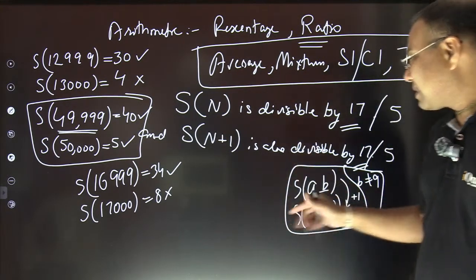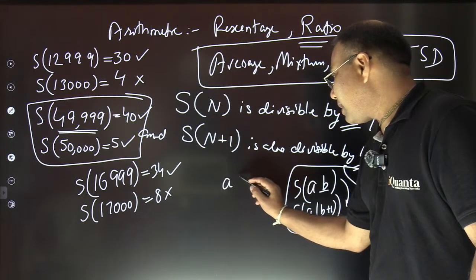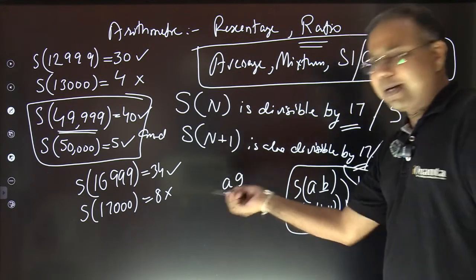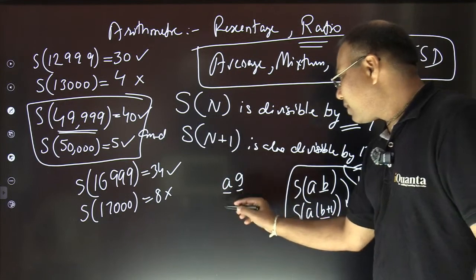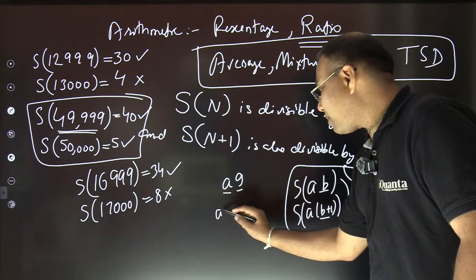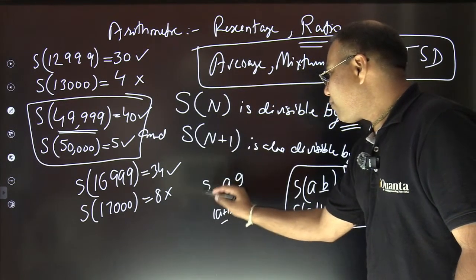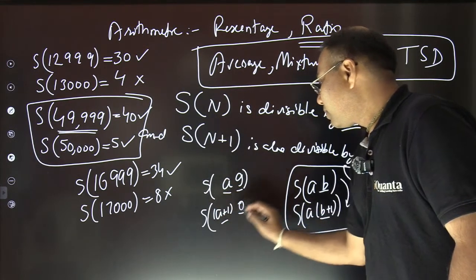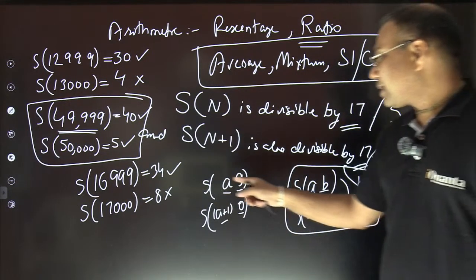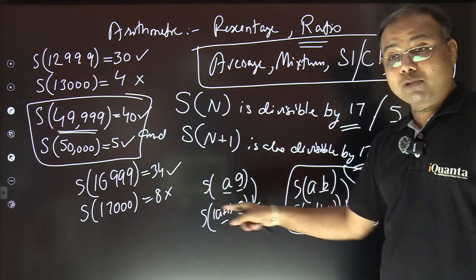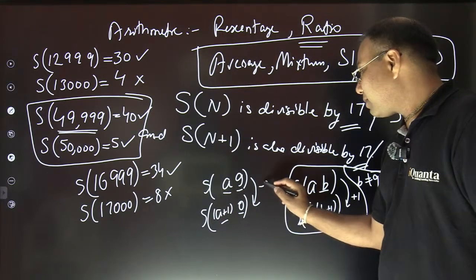So if only one single digit is 9, let's say A9, let it be a two-digit number, whatever, A9, the other number is A plus 1, 0. Now if you calculate the sum of digits, here it is A plus 9, here it is going to be A plus 1. So there is a decrease of 8.